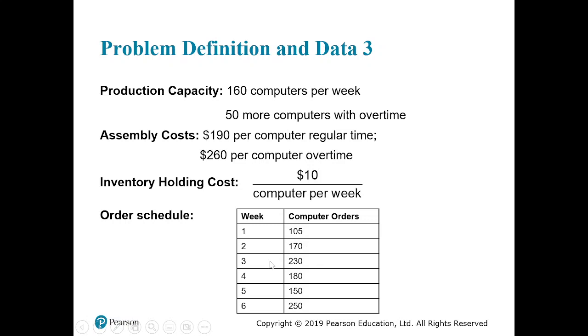And if you look at the third week, the demand is quite high, 230. Same goes for the fourth week, where the number of orders is actually exceeding the regular capacity. But as we go through week 5, it is a little bit less, but week 6 we have a very, very high demand. So the question is how many are we going to produce each week in order for us to, of course, minimize the cost.